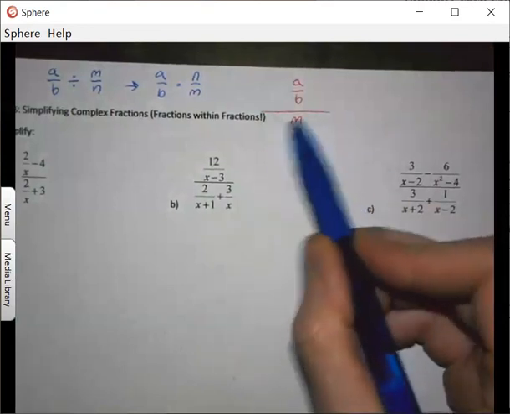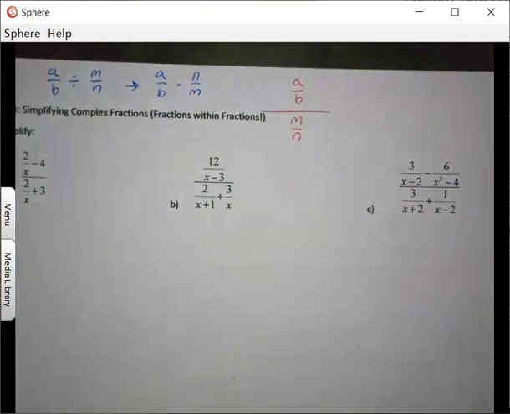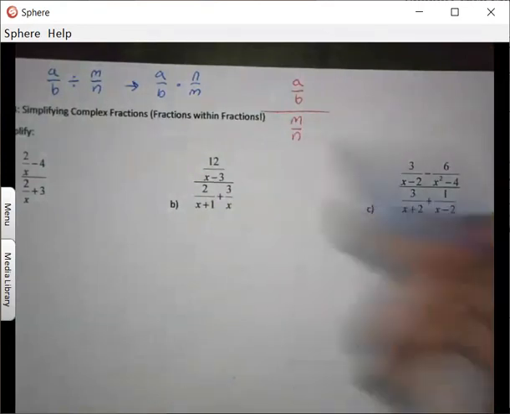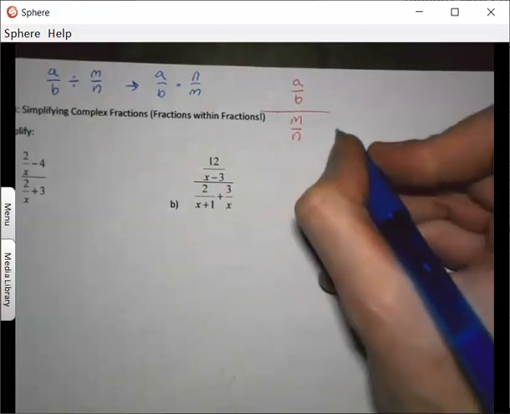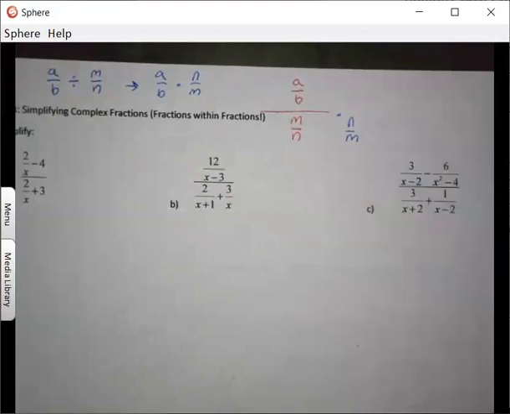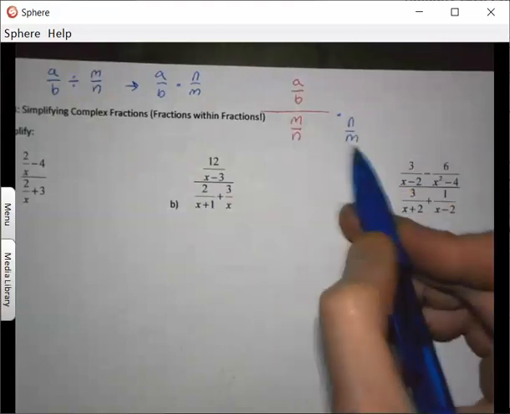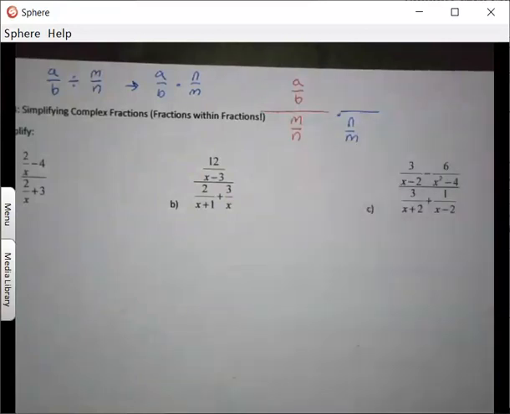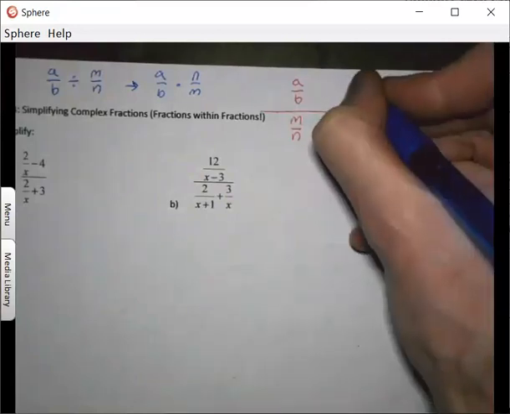My goal is going to be to make the denominator 1. So I want the m to cancel and the n to cancel. If I multiply it by n over m, they should cancel out. But again, I'm only allowed to multiply by 1, so I have to multiply the top by n over m.